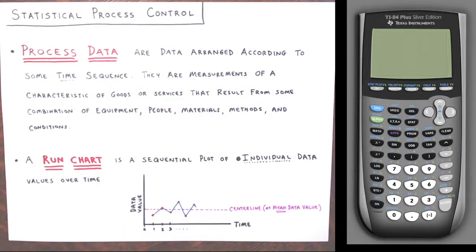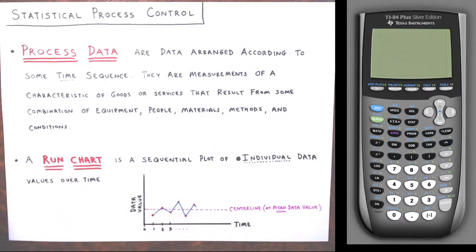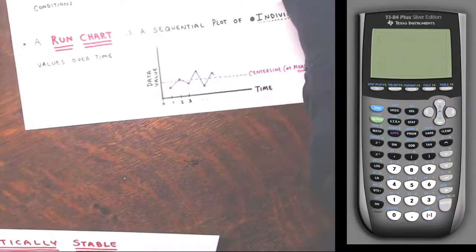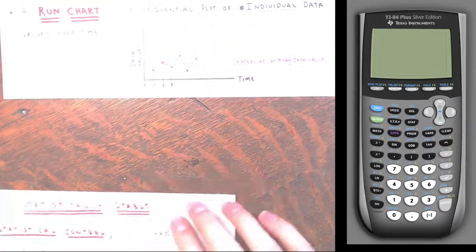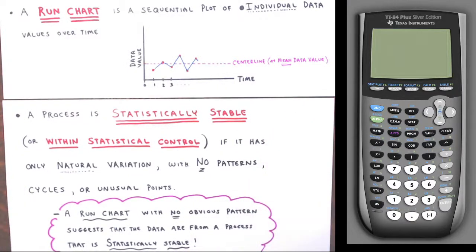All right, and then what we're going to do is take a look at these charts, either a run chart or later a control chart, and determine whether or not the process that we're studying, collecting data on, is statistically stable or in statistical control.